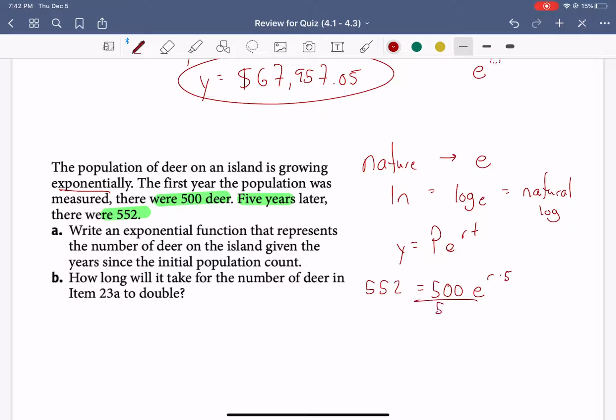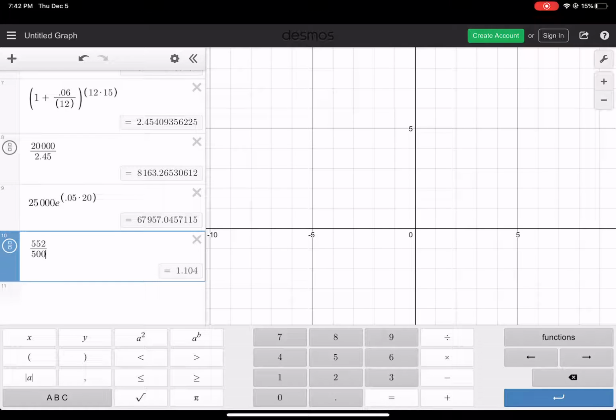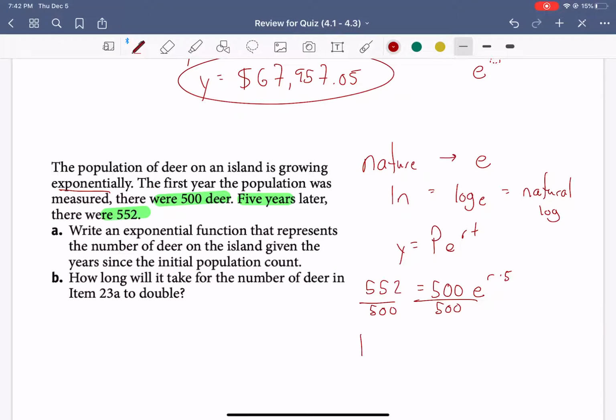So first we have to divide by 500. So we get 1.104 equals e to the power of 5 times r. Okay.